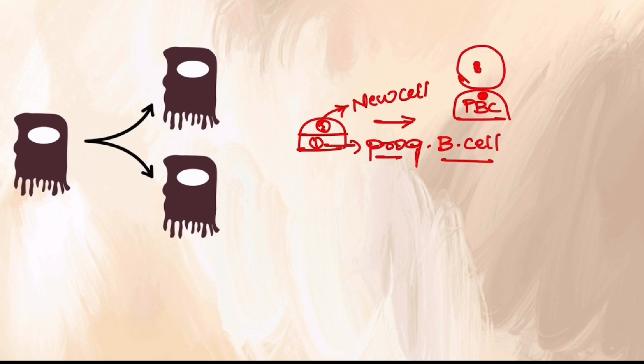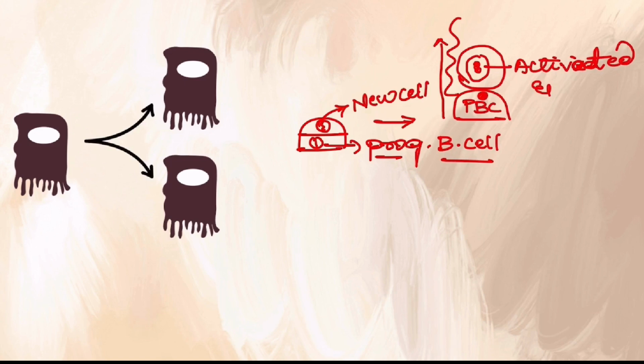And this newly formed cell is traveling up through the layers of epithelium. So as it is going up through the layers of epithelium, the viral DNA which is present in it is getting activated and viral replication is initiated.